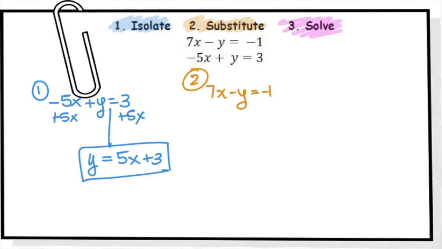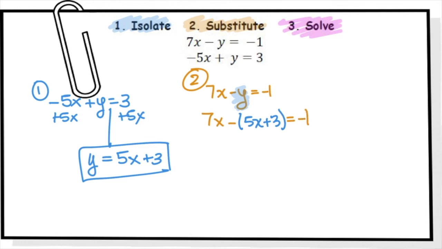Okay. So this is my equation, but now I'm going to substitute because I know now that the y variable is equal to 5x plus 3. So this is going to look like 7x minus, always parentheses, 5x plus 3 equals negative 1.